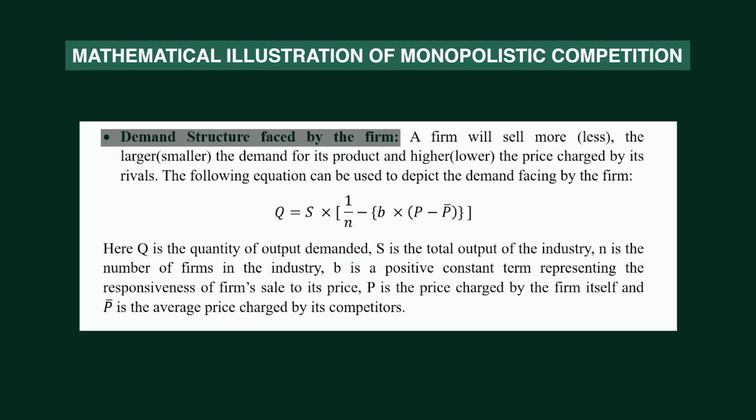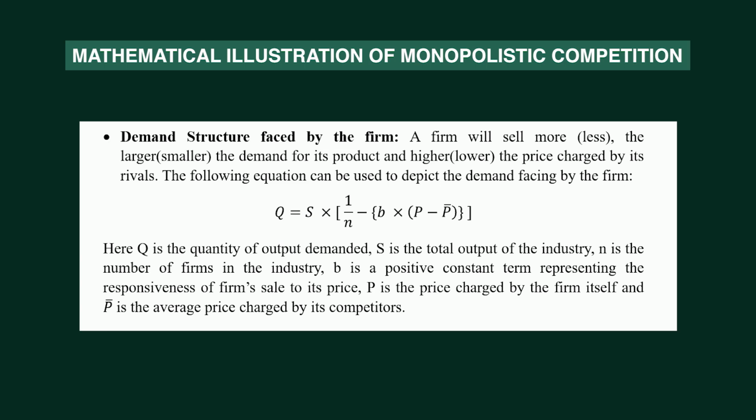A firm will sell more, or it could be less, the larger the demand for its product and the higher the price charged by its rival. The equation that we have here, students, you need to look at very carefully. Total market Q demand, this S may stand for the total output of the industry.